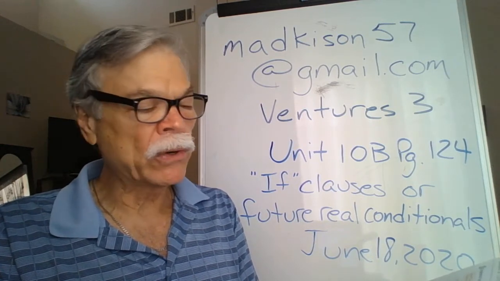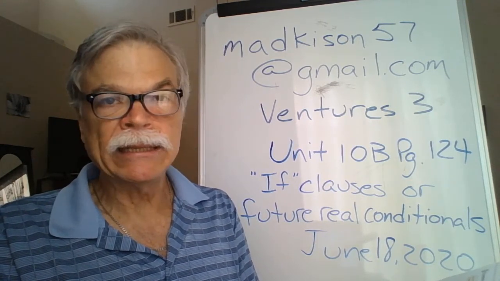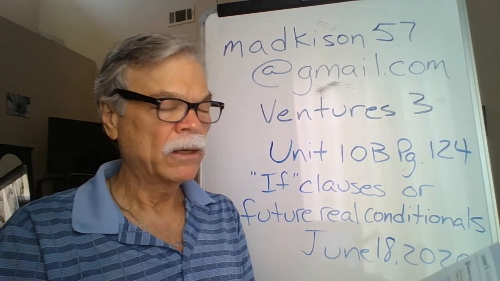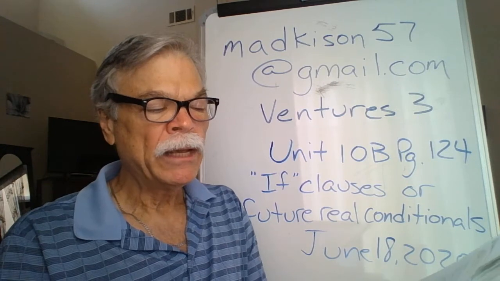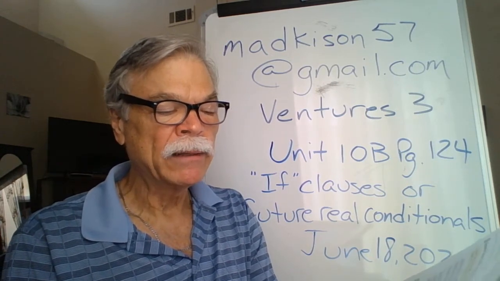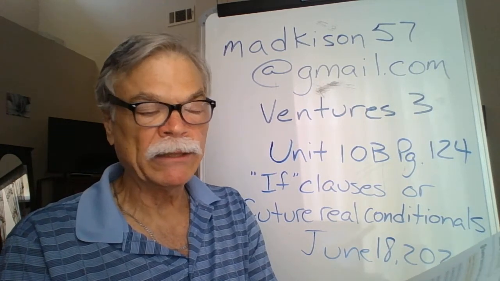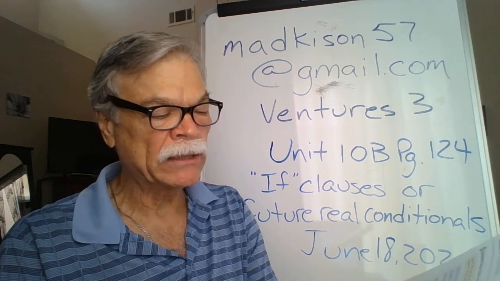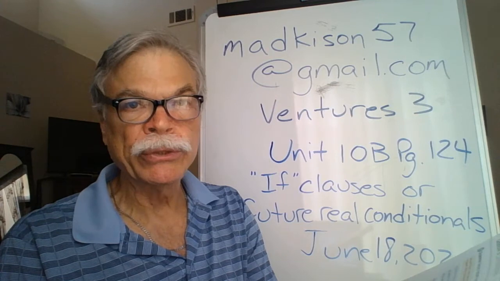And the part that you circle is if they get a discount. That's the future conditional clause. Number 3, if prices are too high, they will not take an expensive vacation. And the future conditional clause is if prices are too high.